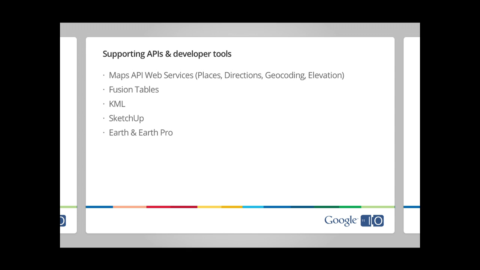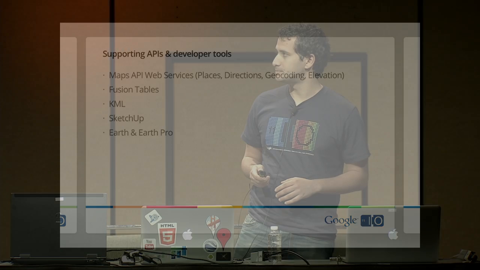There's our web services, Fusion Tables, both of which we'll talk about, KML, which is an open standard for representing geospatial data, SketchUp, which is a tool for 3D modeling, and you can then take those models and put them on Google Earth, and then Earth and Earth Pro themselves, which are client applications that you can use to visualize your data as well as work with certain data formats.